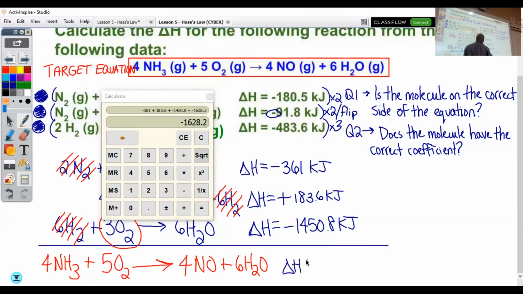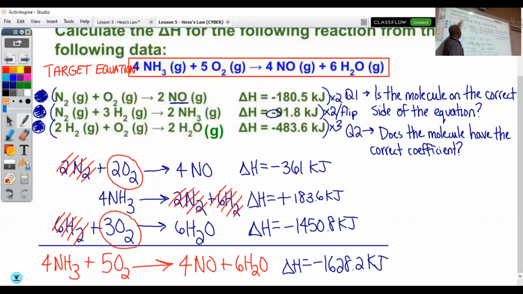So delta H equals negative 1,628.2 kilojoules. So we have now figured out the delta H for this target reaction without ever performing that target reaction.